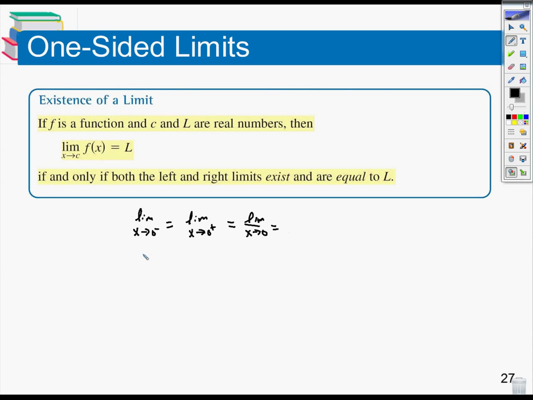So the limit from the left, let's say, is 2, the limit from the right is 2, which means the whole limit of the function is 2.